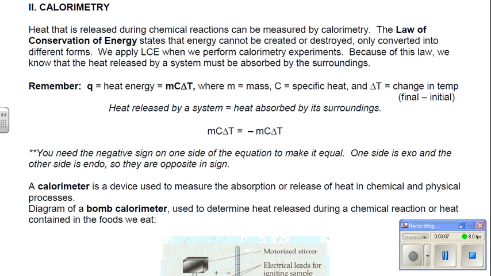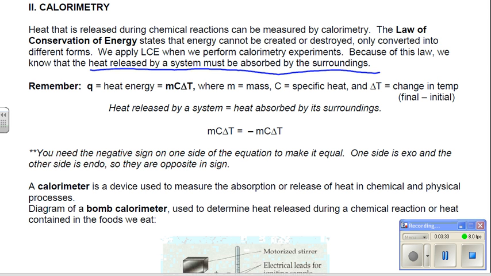Because of this law, we know that the heat released by a system must be absorbed by the surroundings. Okay, and we're going to use this in order to measure how much energy is in a specific reaction or is released during a reaction, or in lab, how much energy is stored in food.